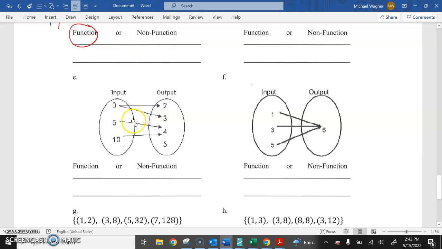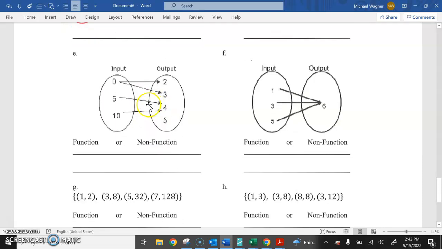Okay, so we've already talked about how you can determine whether something's a function if it is a mapping with the ovals here. You check and see for every value of x or input value if it has more than one output value. Well, let's look at 0. It has a value of 2 and it has a value of 3. That means it is not a function.